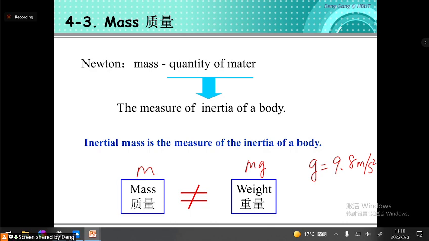So these two are not the same. Mass is m and weight is mg.